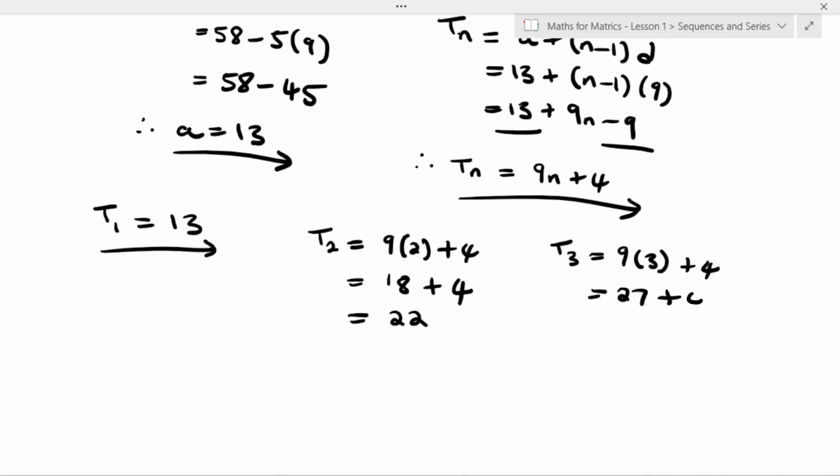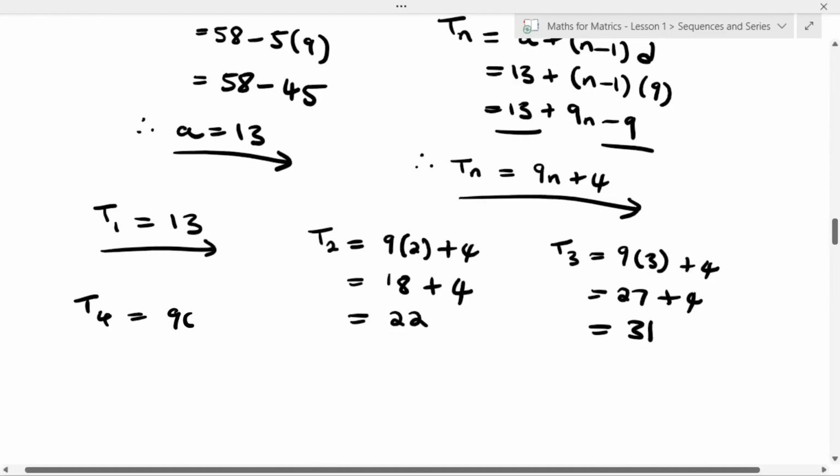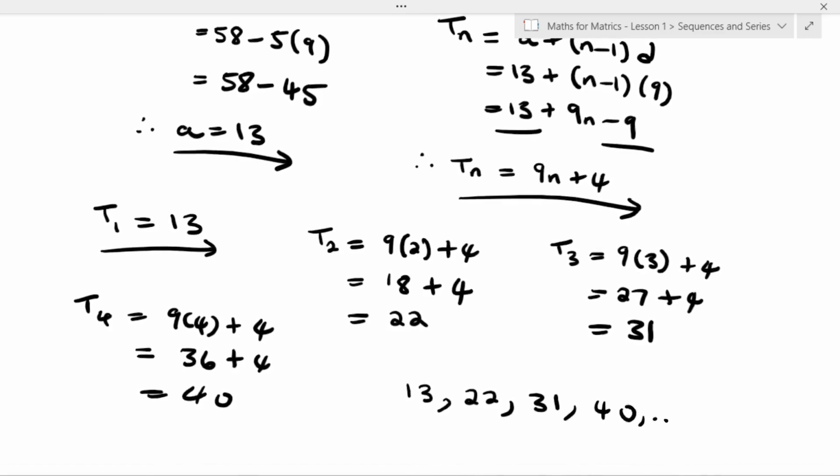And 27 plus 4 is 31. And finally, T4 is equal to 9 times 4 plus 4. 9 times 4 is equal to 36. 36 plus 4 is 40. Therefore our first four terms of the sequence are 13, 22, 31, and 40.